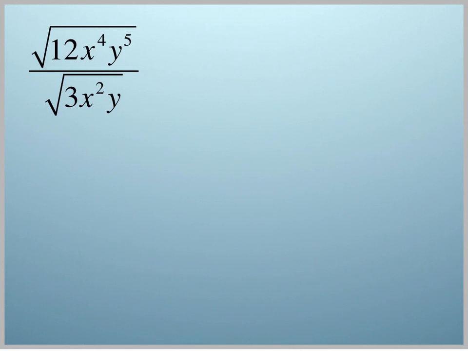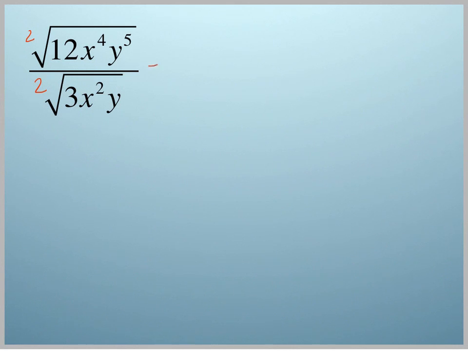Alright, getting into our last example for simplifying radicals. In this case, we have the square root of 12x to the 4th, y to the 5th, divided by the square root of 3x squared y. Now, the first thing you should notice is that they're both square roots. So my index on the top and bottom are both understood to be a 2.